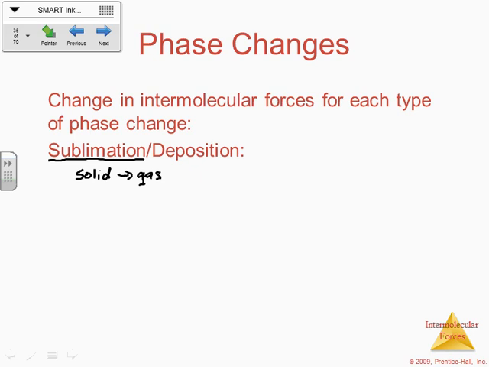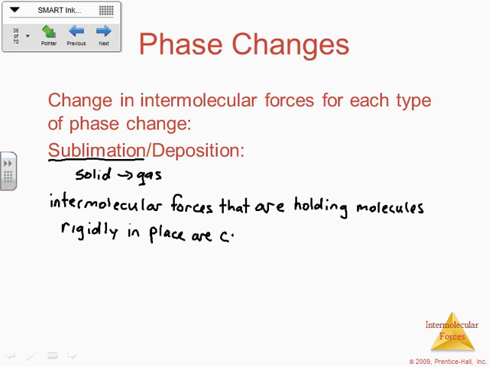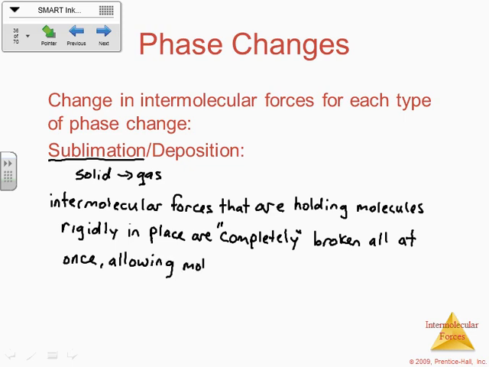So, the intermolecular forces that are holding molecules in place are completely broken all at once, allowing molecules to escape as a gas. Okay, so that's the idea there.